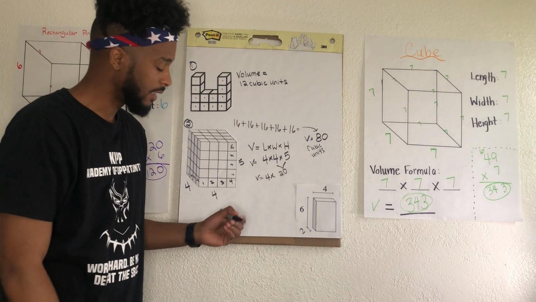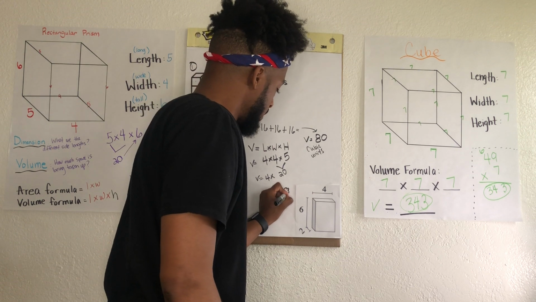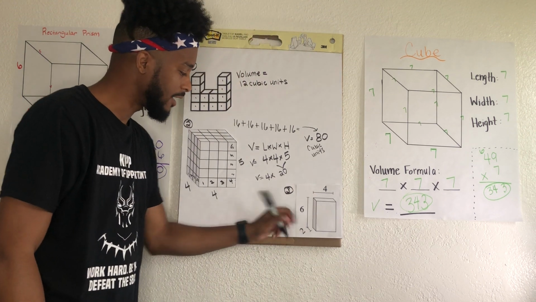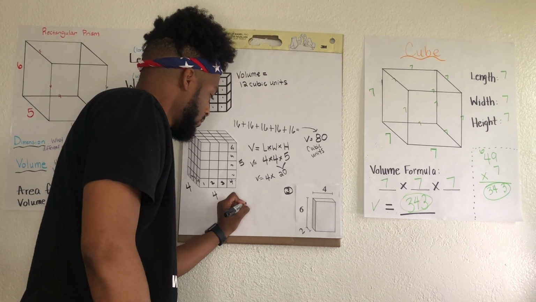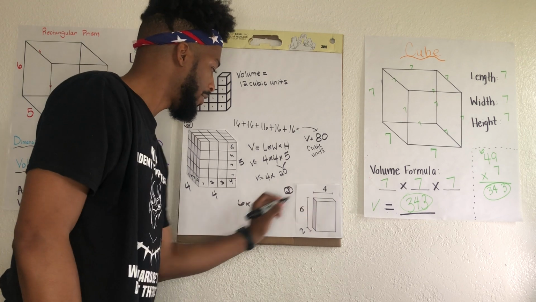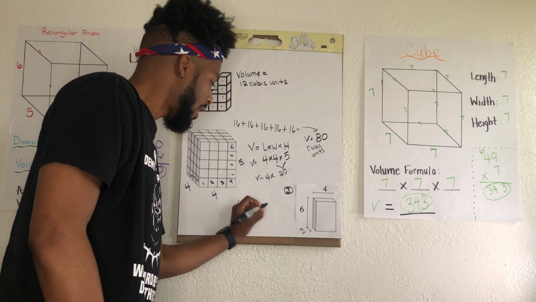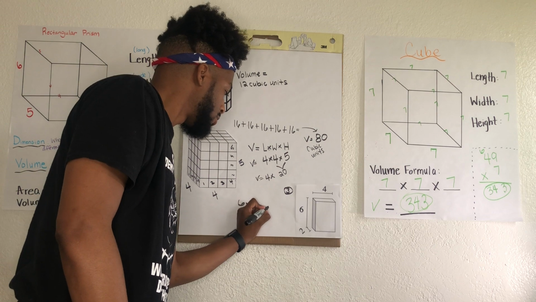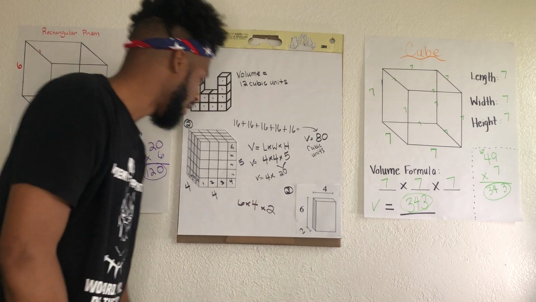And last but not least, number 3, we've got a height of 6, a width of 4, and a length of 2. All right.